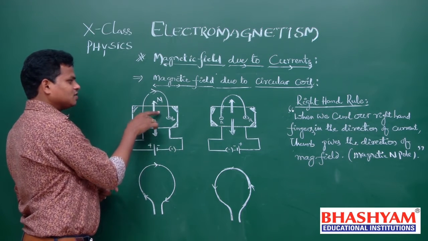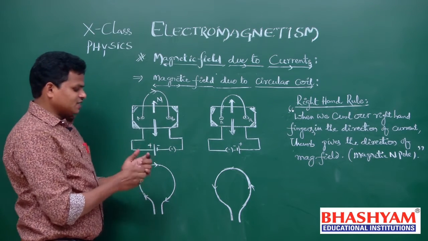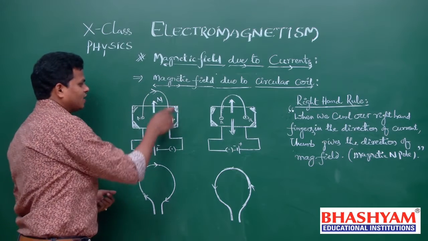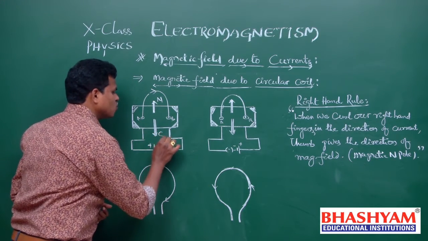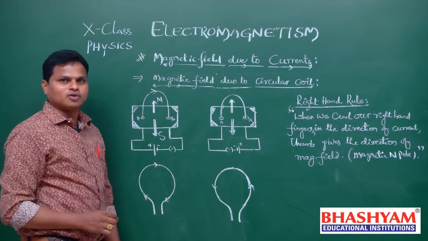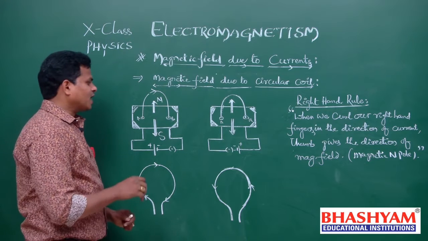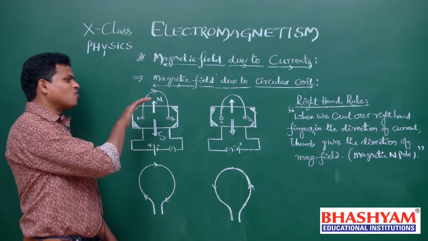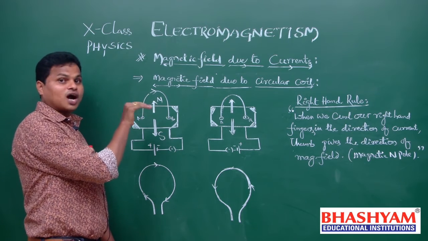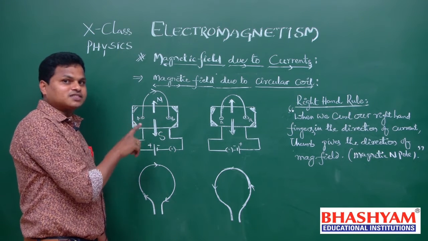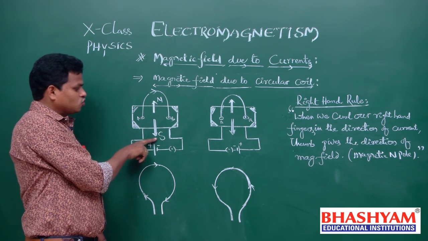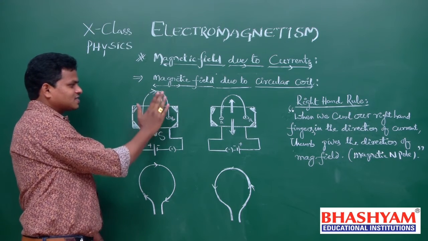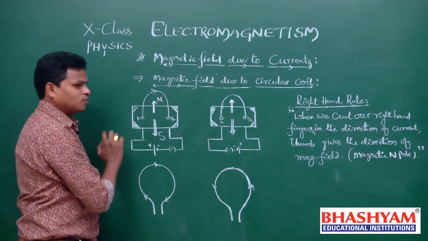Now this north is facing away, and the face of the coil facing us acts as a south pole. It means when the current is flowing in a clockwise direction, the face of the loop acts as a south pole.